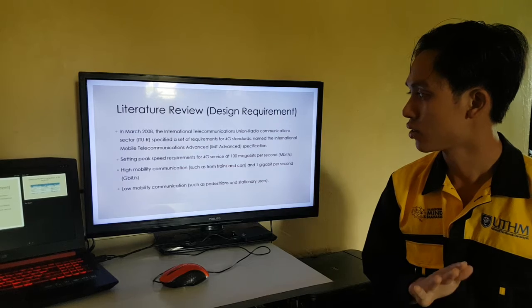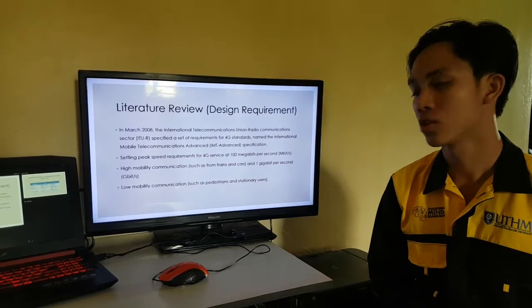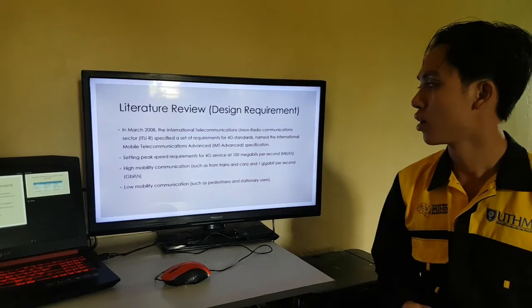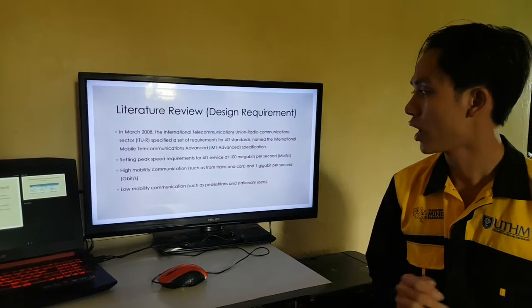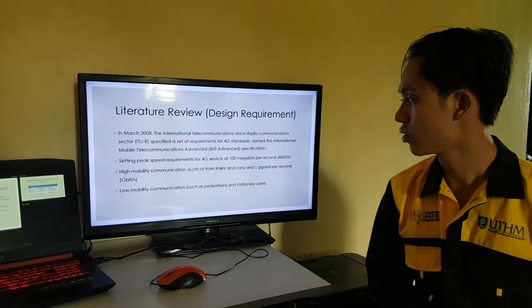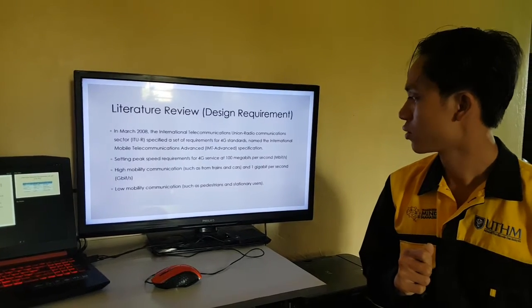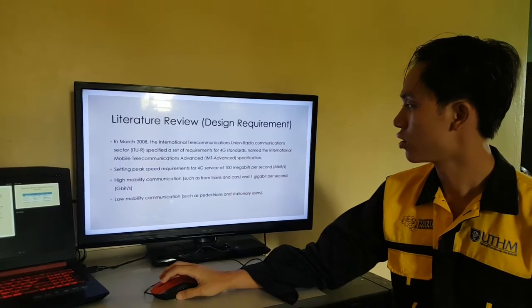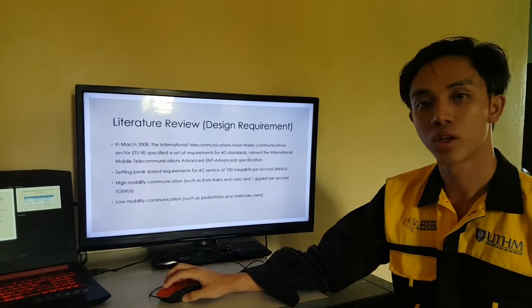They set peak speed requirements for 4G service, which is 100 megabit per second for high mobility communication, and 1 gigabit per second for low mobility.